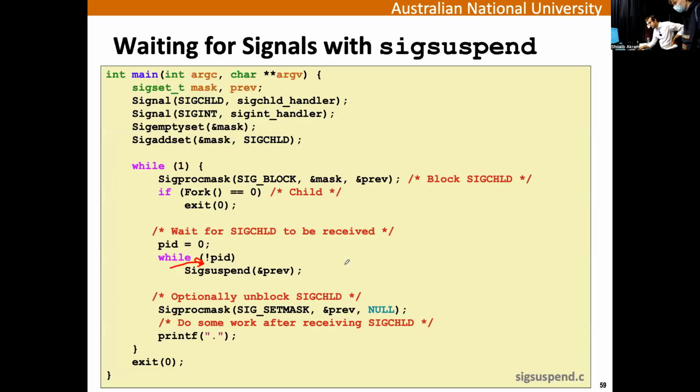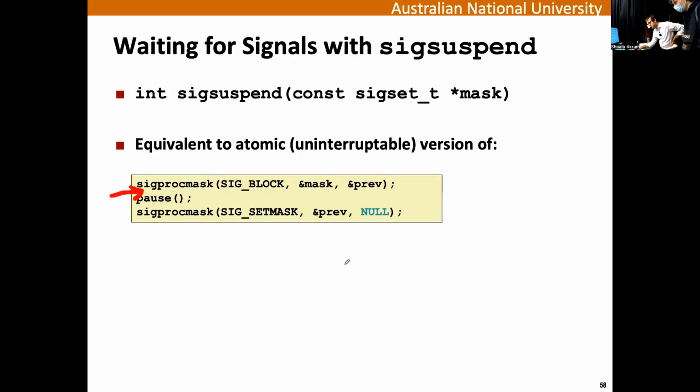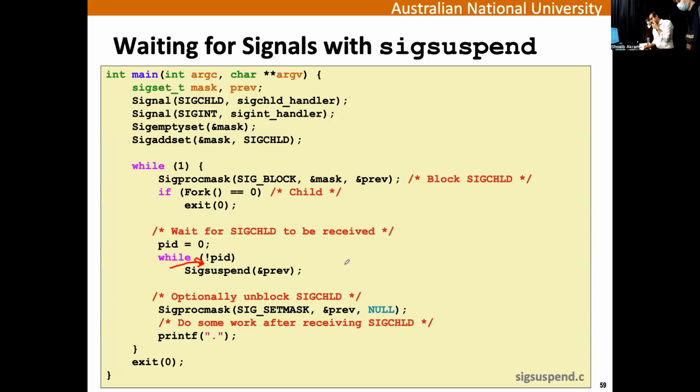If you look at sigsuspend, what we're doing here is, you block the child, you're not unblocking the child, right? You're unblocking it here. So you unblock it here, and what is previous here? Previous is without SIGCHLD in the mask. So empty, SIGCHLD.